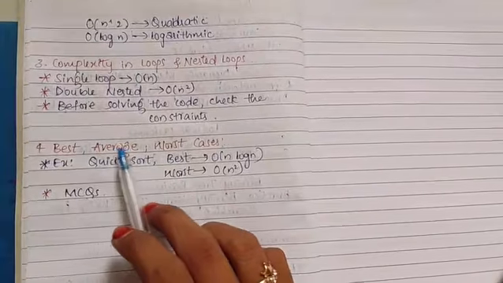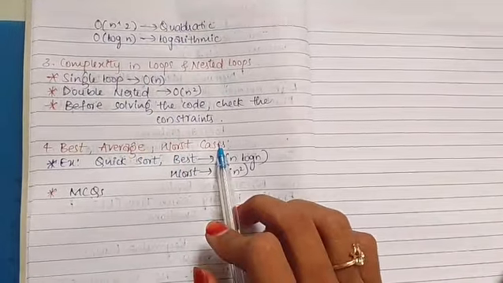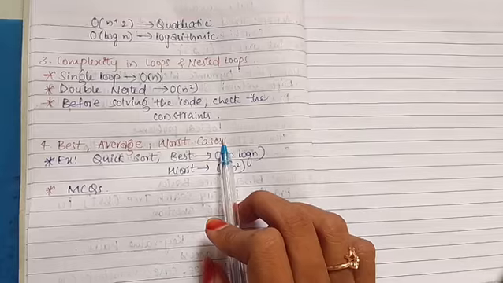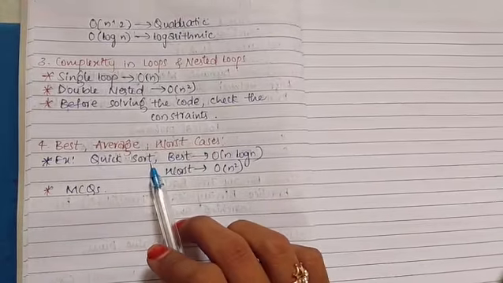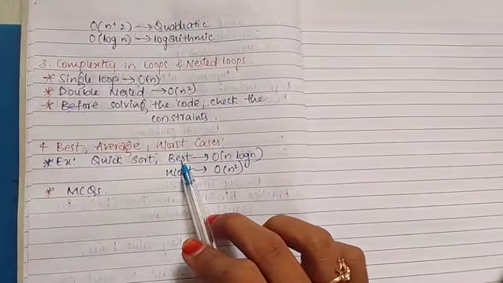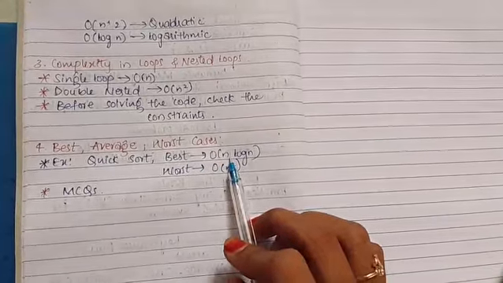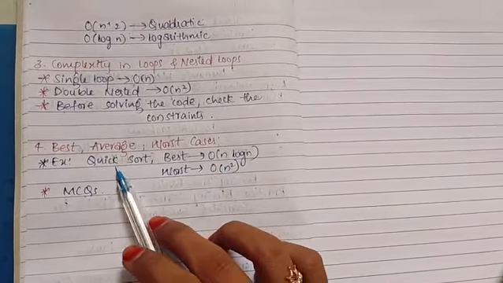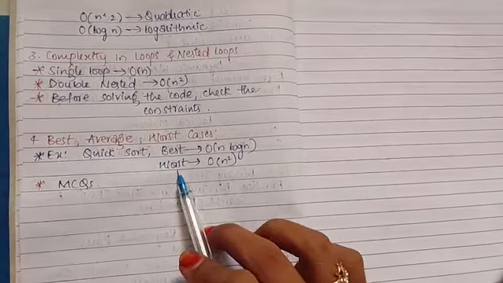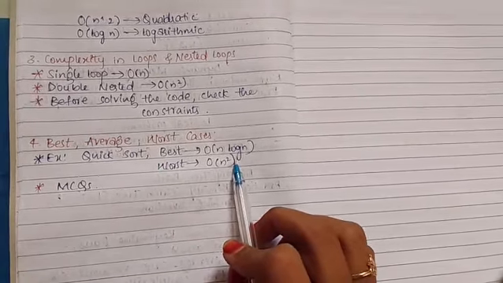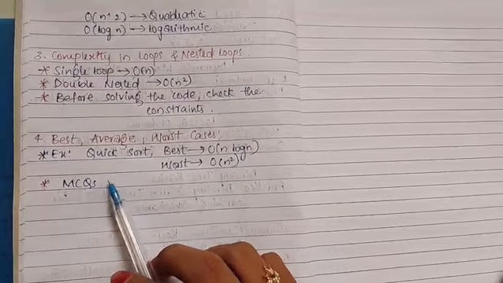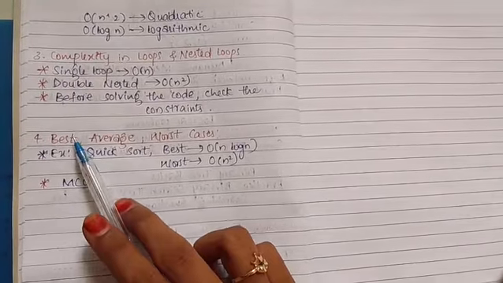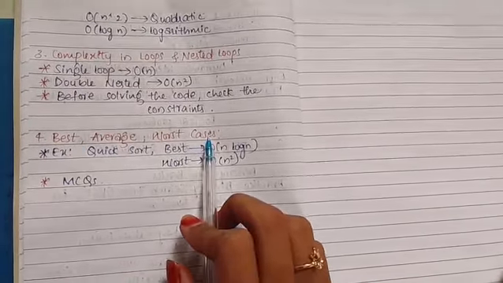And the fourth one is best, average and worst cases in time complexity. For example, for quick sort, the best case is big O n log n, and for the worst case we have big O n squared. You have to practice multiple choice questions on the best, average and worst cases.